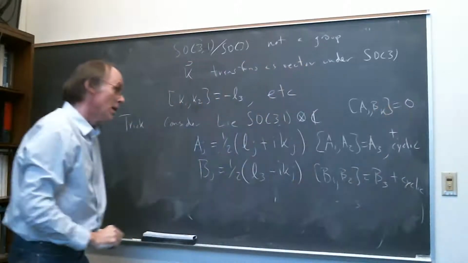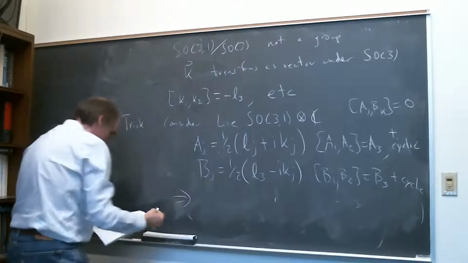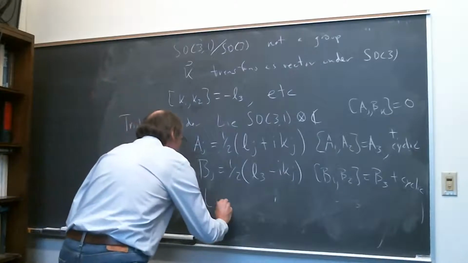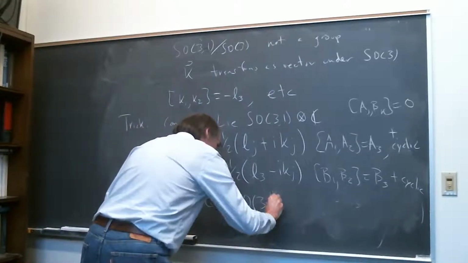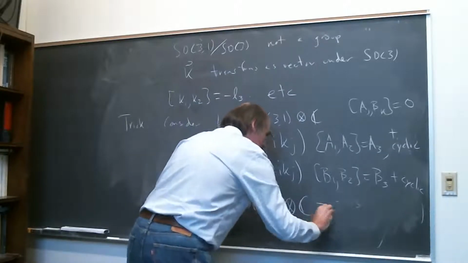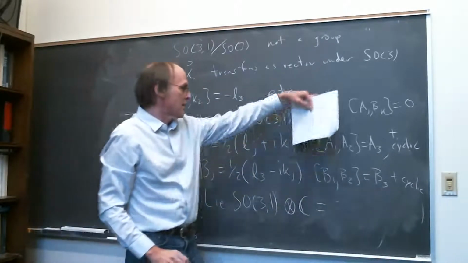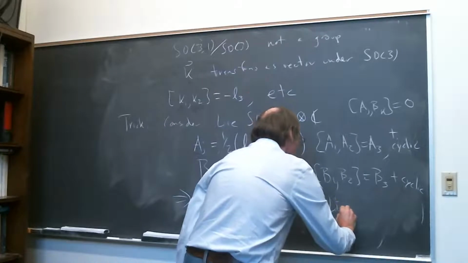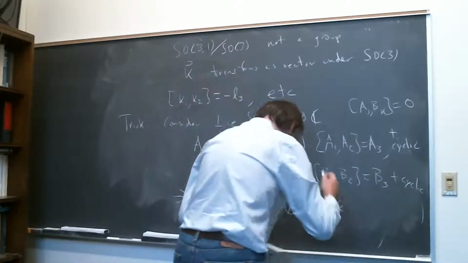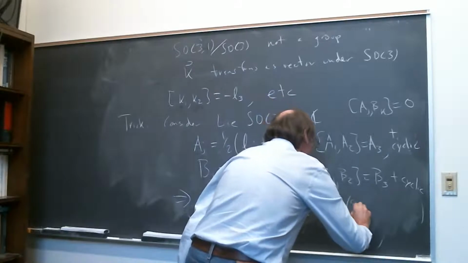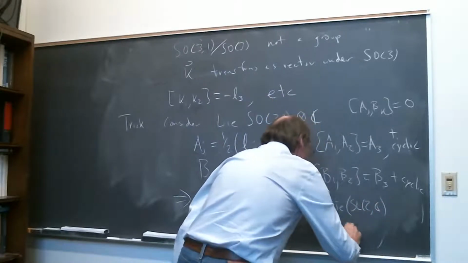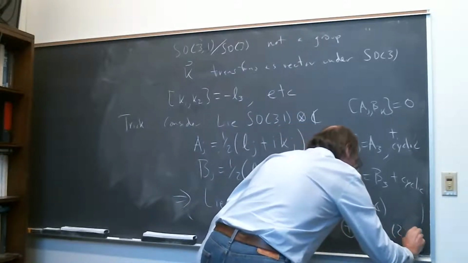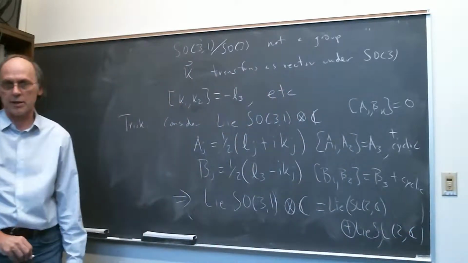So this implies that the Lie algebra of SO(3,1), if you complexify it, becomes the sum of two Lie algebras, each of them the Lie algebra of SL2C. So you can break this up.